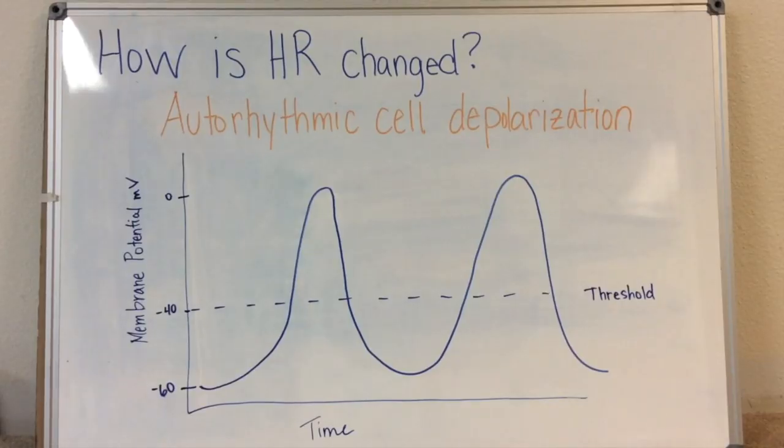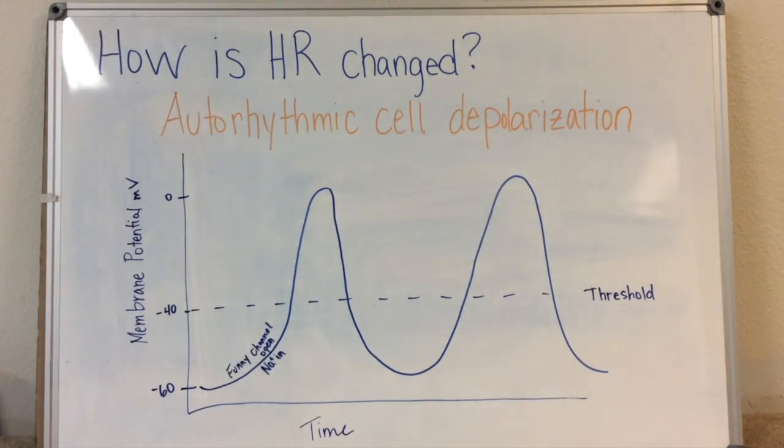If you remember from our previous lecture, we said autorhythmic cells are different from normal nervous tissue and skeletal muscle because they do not need stimulation to have an action potential. Once the cell reached resting potential of -60, the funny channels open, allowing sodium to come in.